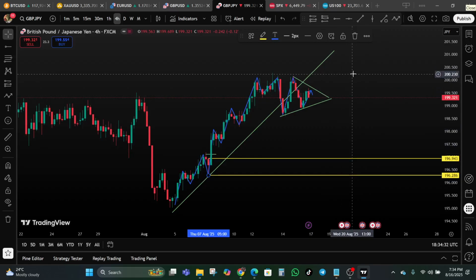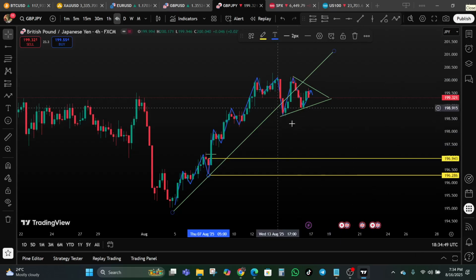So this approach is powerful because it gives you a logical framework. You're no longer reacting to every candle. Instead, you are allowing the market to come to you. It teaches patience, discipline, and alignment with institutional flow. So to recap, you need to identify the trend and the market structure. Then you spot your key order blocks or areas of interest.